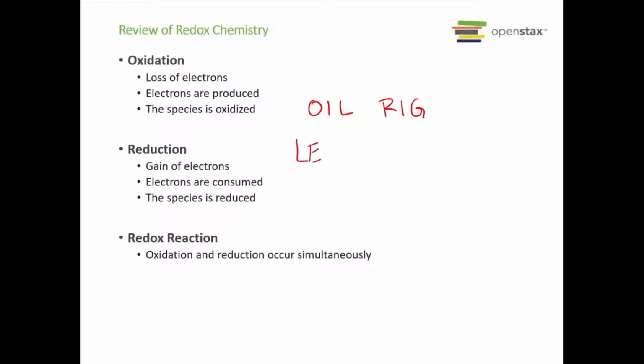There's also LEO the lion goes GER. Loss of electrons is oxidation, gain of electrons is reduction. And when it comes to redox reactions, that's what we call these, oxidation reduction or redox reactions, both oxidation and reduction are occurring simultaneously. So it's not one then the other, these are happening at the same time.